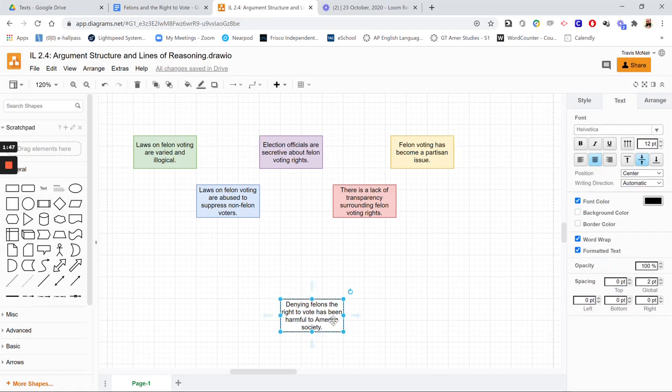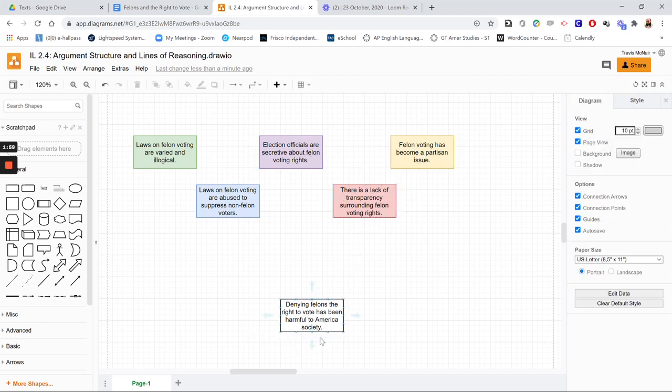Well, unfortunately, I don't know that I can get too much more specific here, but I can be a little more precise. Since there's so many different ideas supporting this primary claim, I think we have to go with something like this. Denying felons the right to vote has been harmful to American society. Yeah, it's not any more specific than the other one, but it's not figurative. At least it's literal. We're saying that it is harmful to American society.